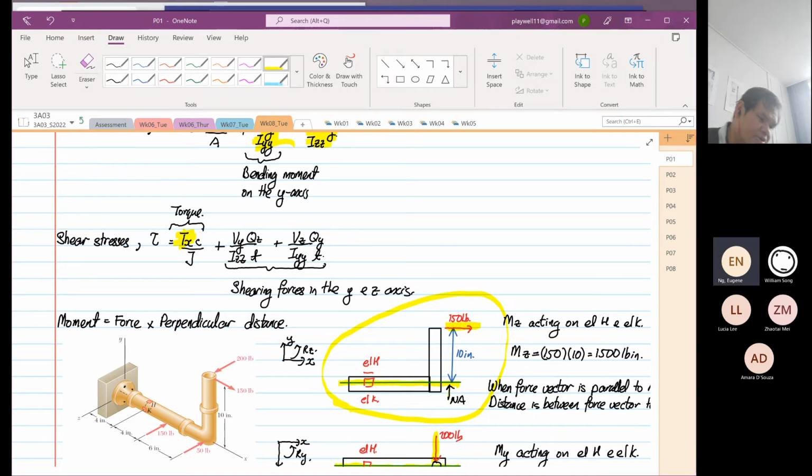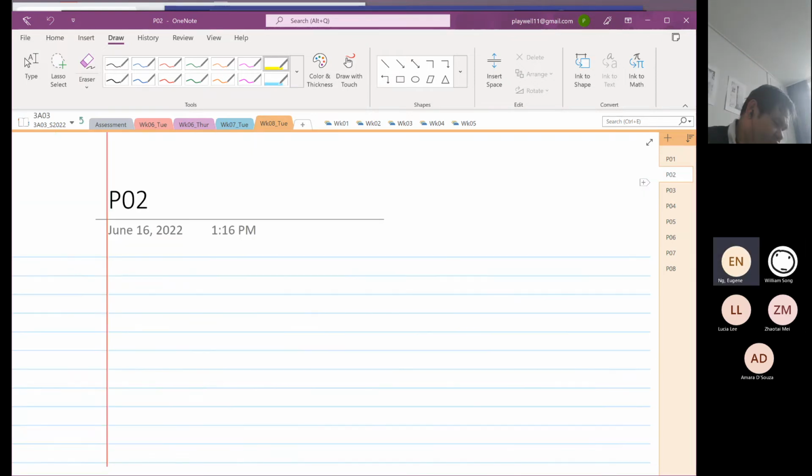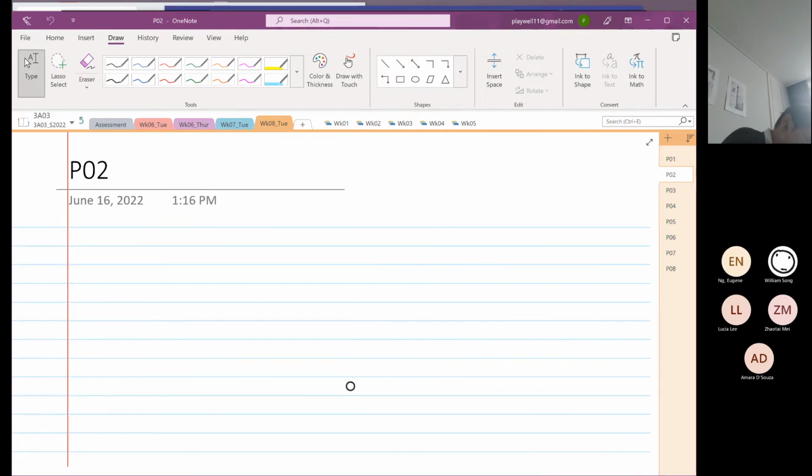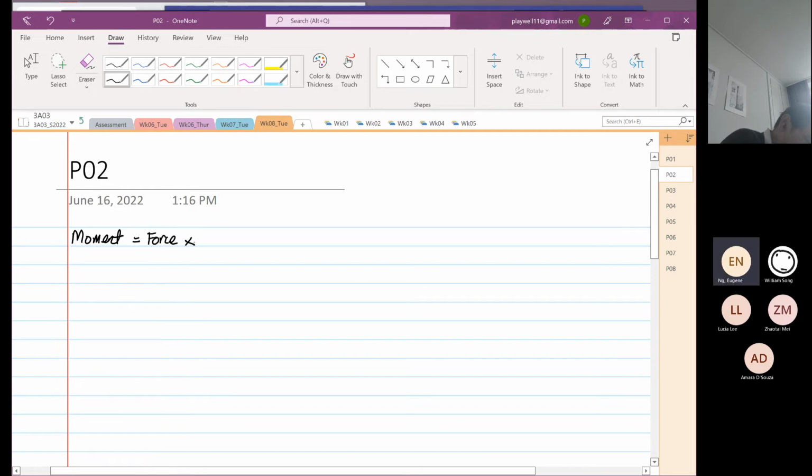So let's look at the formula. We know that moment, as mentioned before, is equal to force multiplied by perpendicular distance.